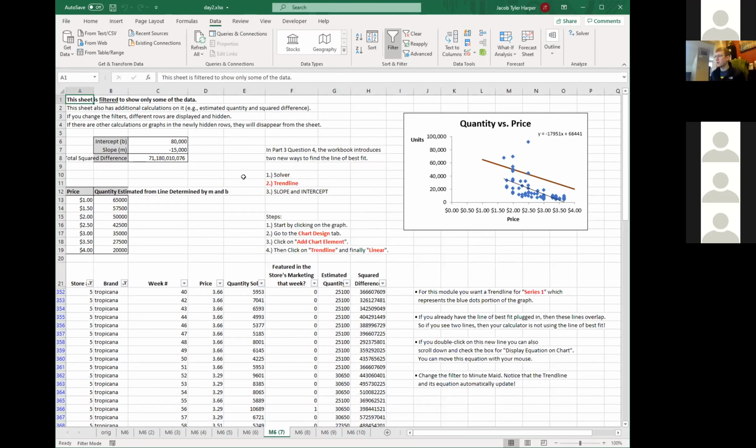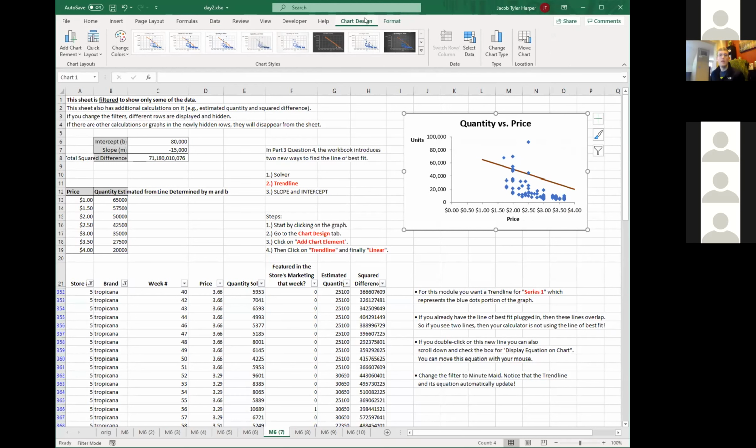So first thing I want to talk about is how to set up this trend line. So I'm going to follow these steps here. What we're going to do is click on our graph, and up at the top of the screen, after you click on the graph, you get these 2 new tabs. We are going to be looking for chart design. And then within this ribbon, all the way left says add chart element.